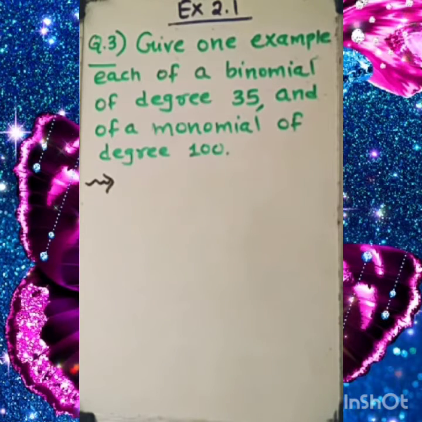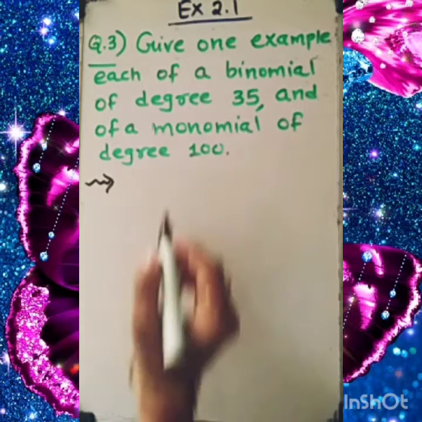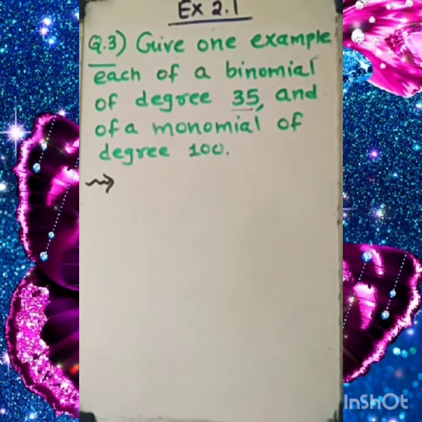So my dear student, on your screen you can see question number 3: give one example each of a binomial of degree 35 and of a monomial of degree 100. Binomial, of course, we know means two terms. We need to choose on our own any binomial whose degree should be 35 and a monomial of degree 100. Very simple. There are innumerable examples we can take.